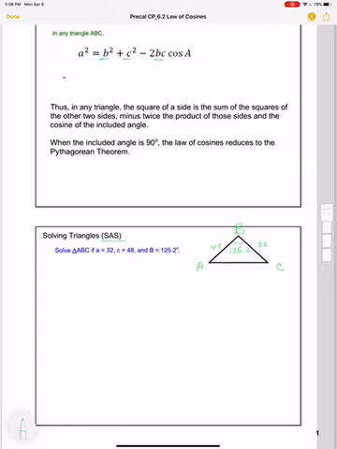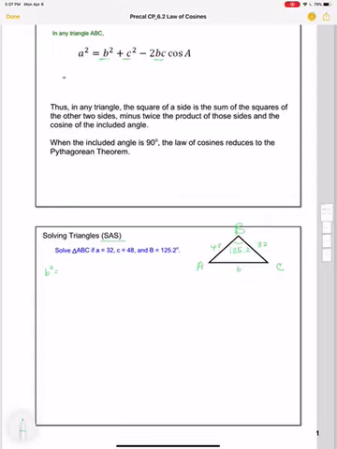All right, so we have this set up. We know angle B, so we can find side b. Since that's the side I want to find, I'm going to set this up as b squared being the one I don't know, and then I've got the other two sides squared.